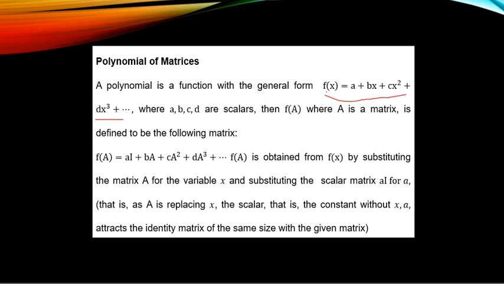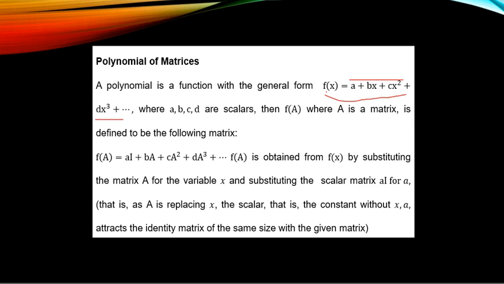Now, polynomial is the general name for all such equations. For instance, polynomial of degree 1 is called a linear equation. That is a plus bs, a linear equation. Polynomial of degree 2 is referred to as a quadratic equation. When the power is 2, as in cs squared, you have a quadratic equation.